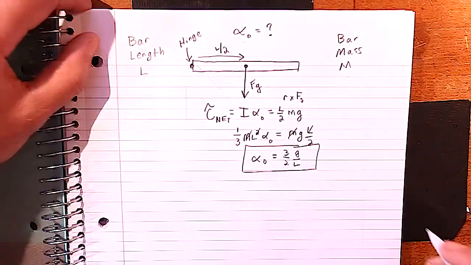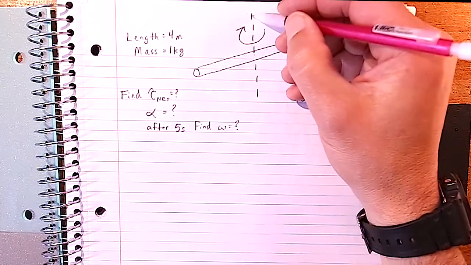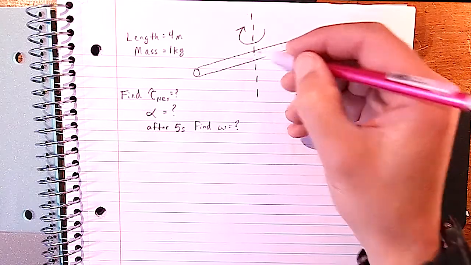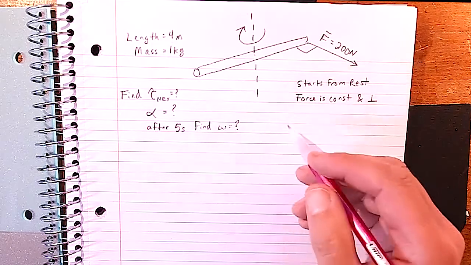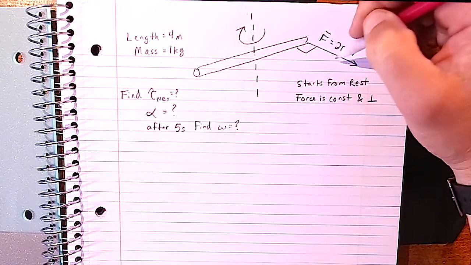A fairly straightforward question. Okay, in this problem, we have an axle that's running through here. It's a fixed axle. We have a bar of length 4 meters. It has a mass of 1 kilogram, and we're applying a force perpendicular.